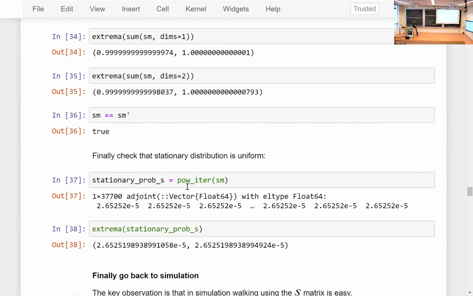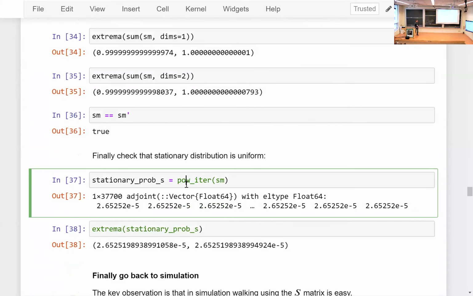And we check with our power iteration method what the stationary distribution is, and indeed we see with extrema that minimum and maximum are almost the same up to numerical precision. So indeed this matrix worked numerically.